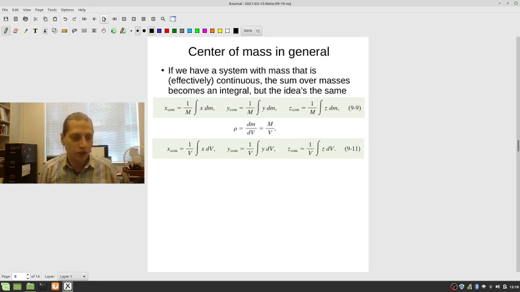You could have a more complicated setup, but essentially if you wanted to understand the center of mass idea, you could just cut it up in really, really tiny little pieces and call those dm, and then just use your same definition for the center of mass. So nothing changes conceptually going over to the continuous idea, but you know, it's always the case in physics that you can make an arbitrarily hard math problem.